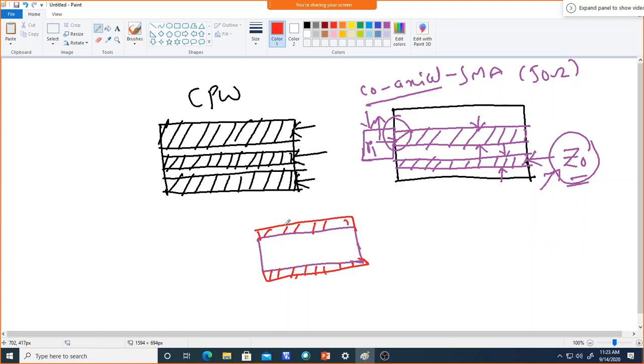Say, for example, only this much portion I want, then you can etch the other portion out, and only this portion will remain as it is. That is the etching technique, and you can also use mechanical etching.